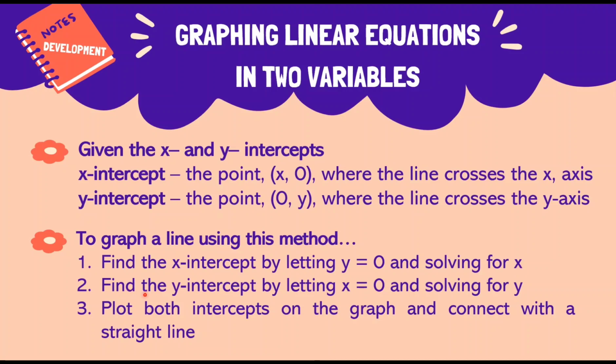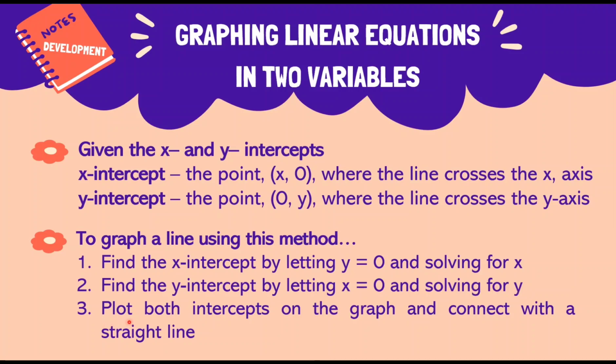And then, we have the second step. We need to find naman the value of our y-intercept by letting x is equal to 0. And then, after substituting the value of x, which is 0, to our equation, we need to solve in order to find the value of y.